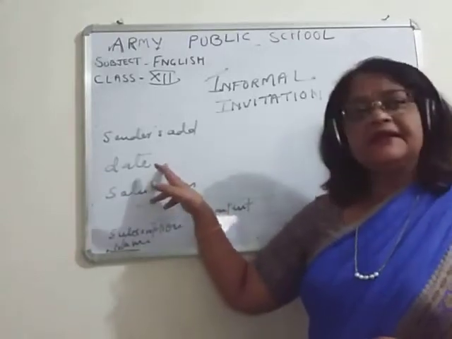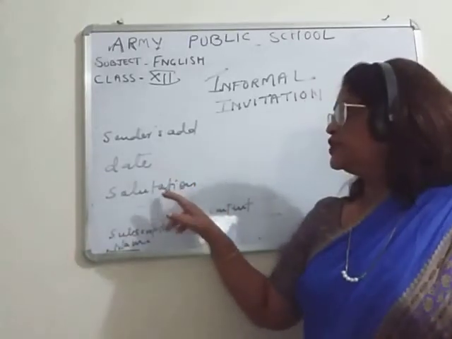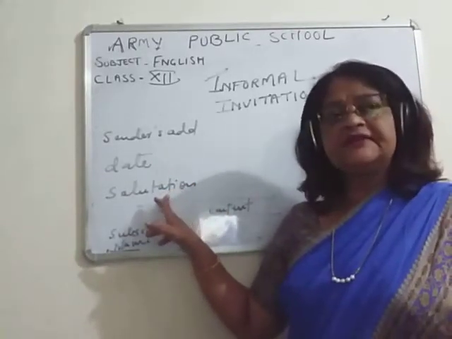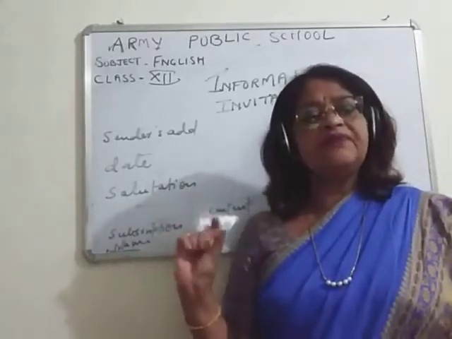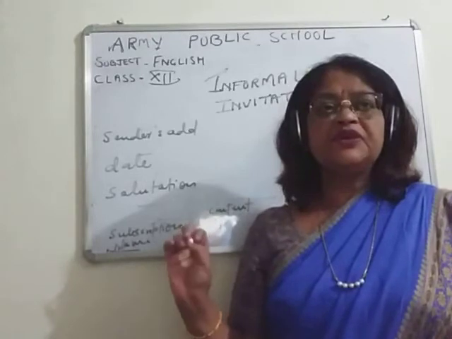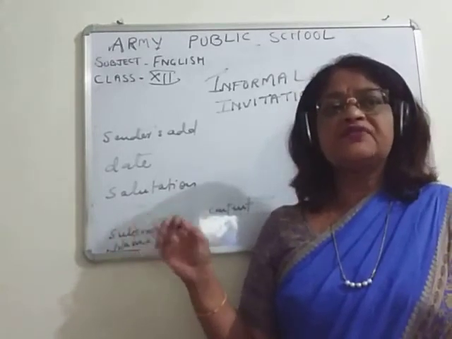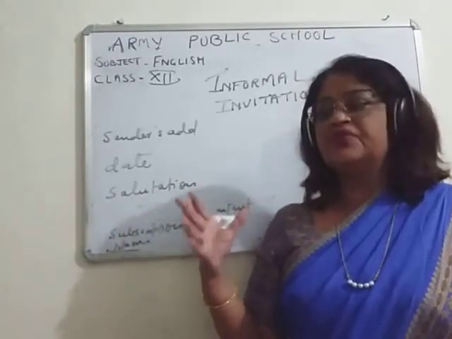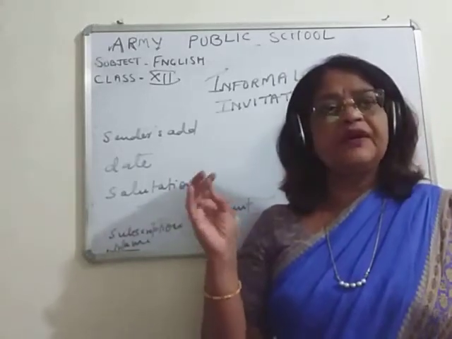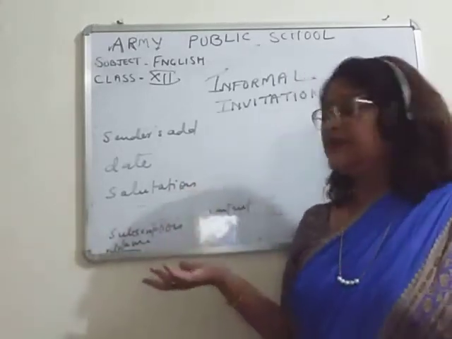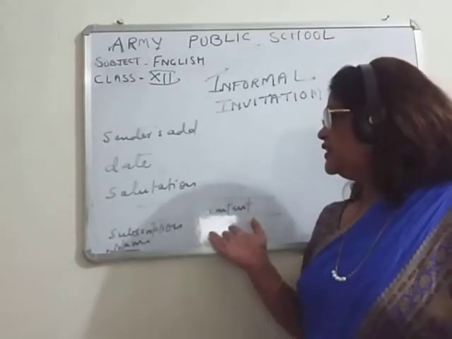Then the date should be written. Then the salutation. Then the content, very short content, with all the important information related to whatever you are inviting for. You have to ask yourself these questions: when, how, where. Automatically you will be writing a lot of information.